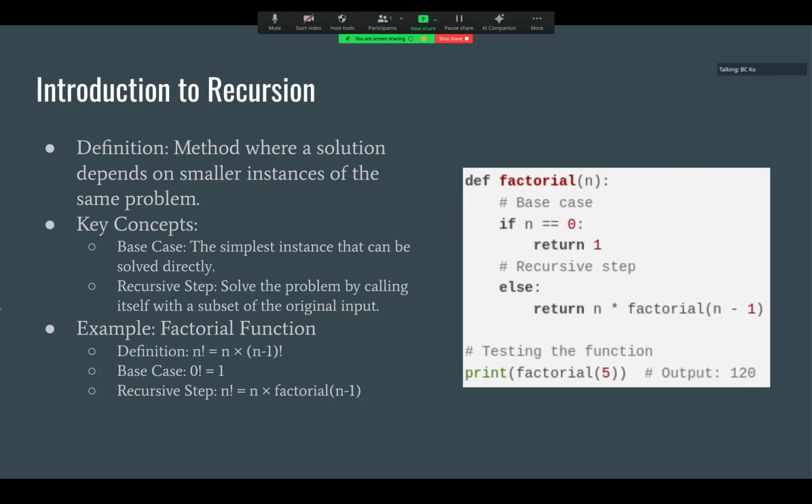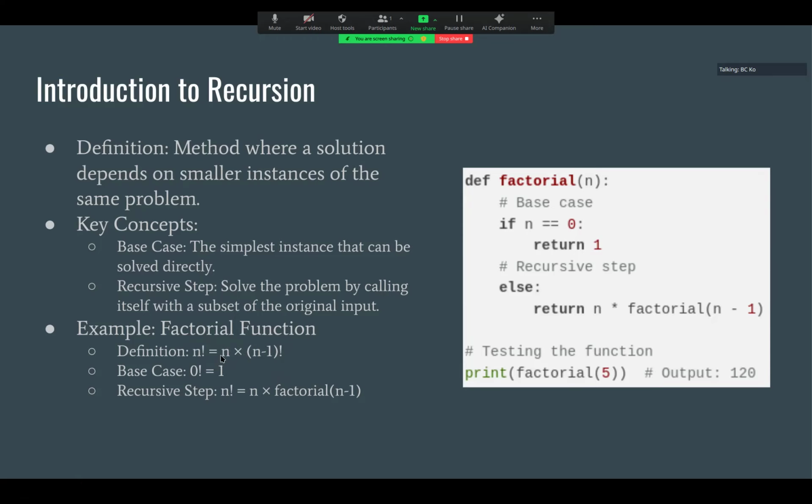A classical example of recursion is the factorial function. The factorial of a non-negative integer n, denoted as n factorial, is defined as n times the factorial of n minus 1.